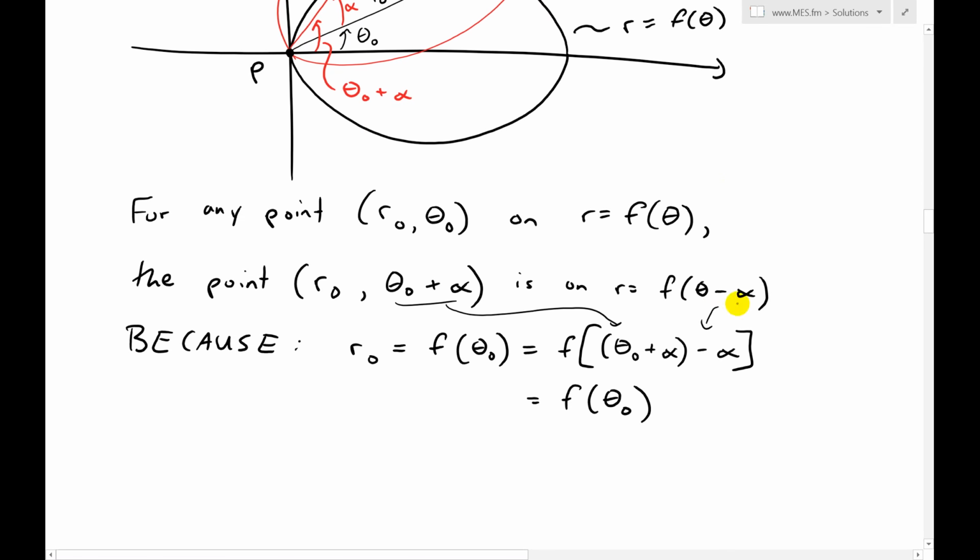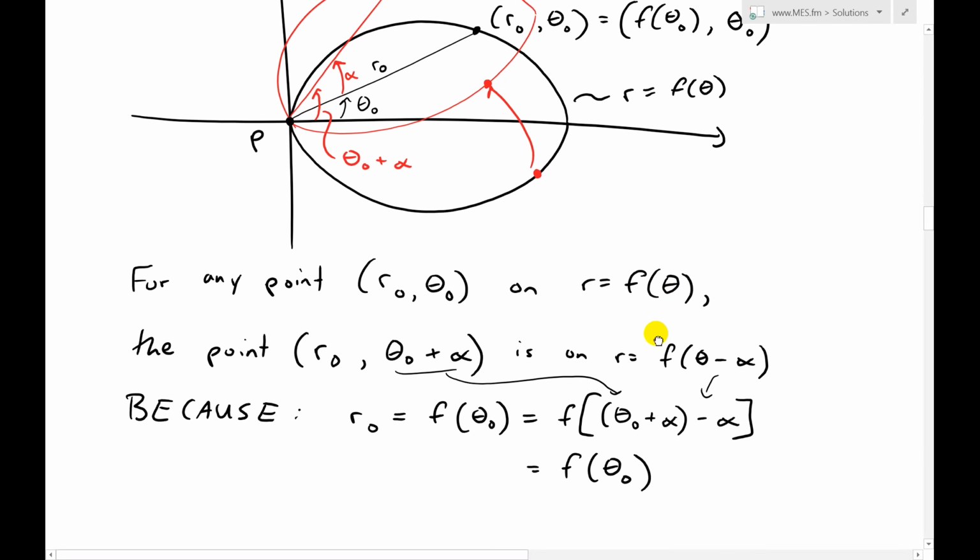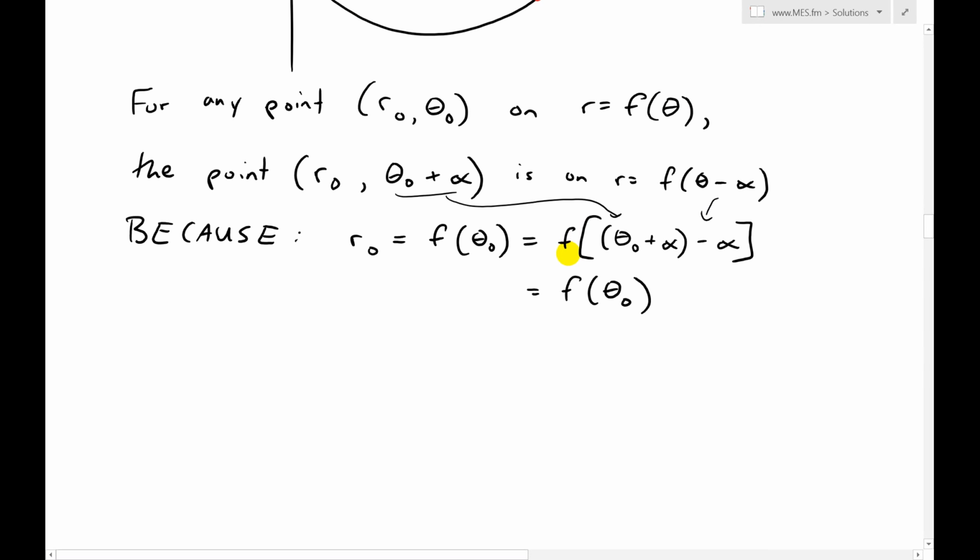And as you can see, when we add theta plus alpha, they just become the exact r value. So we're always going to get the exact r value. Doesn't matter where you start, you'll get to the same point, same r values, but just rotated by alpha, or whatever angle you're rotating by.